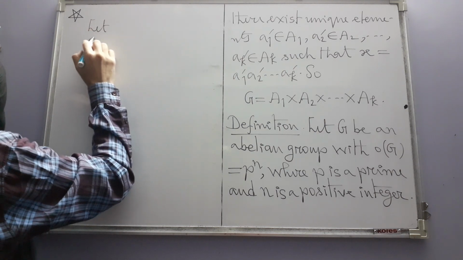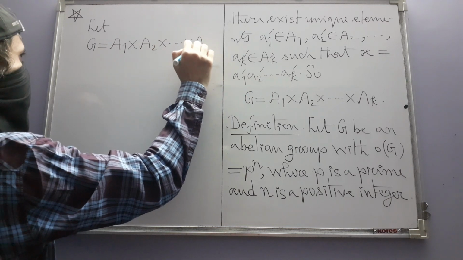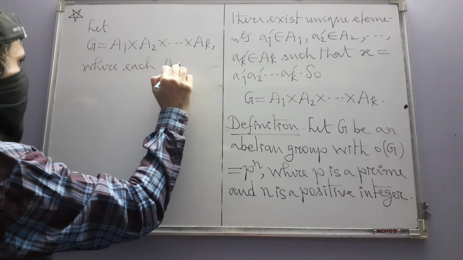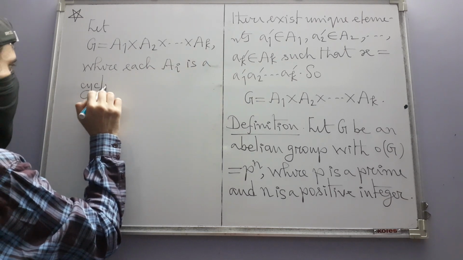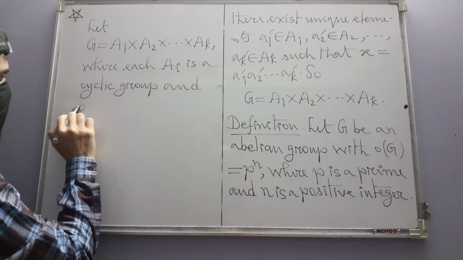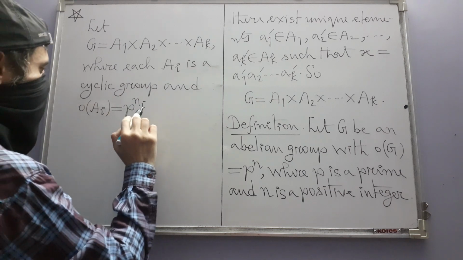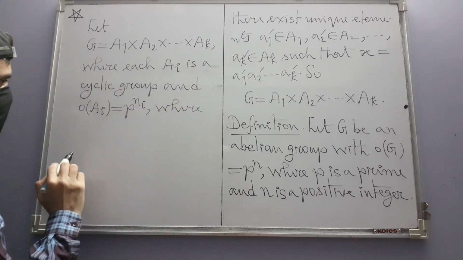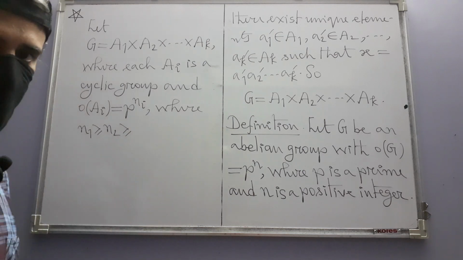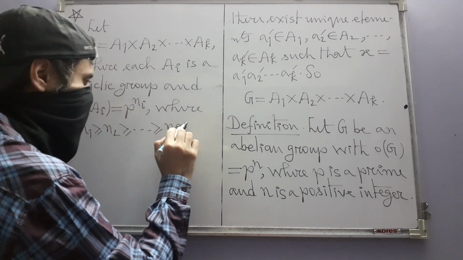Let G be this direct product, where each A_i is a cyclic group and the order of A_i is equal to p to the power n_i, where n1 is greater than or equal to n2, which in turn is greater than or equal to n3, and so on, and the last exponent is nk, and these are all positive.